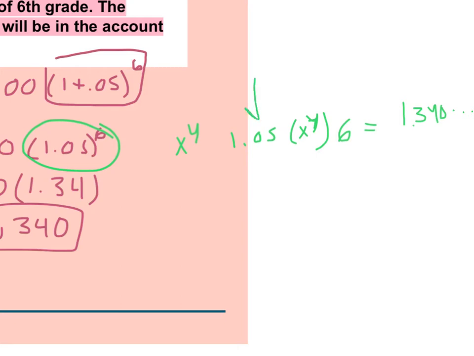So you would type in your base first, then you click this button, and then you would click the exponent, so whatever it's raised to, and then the equal sign. So this is just how you would put it into the calculator.